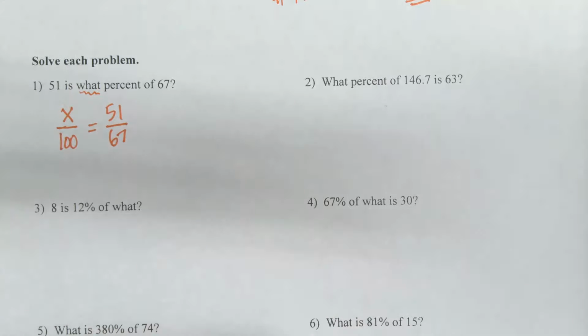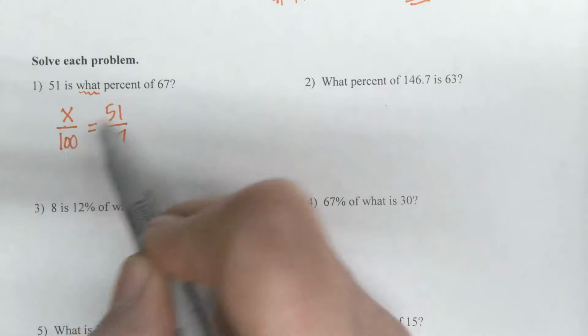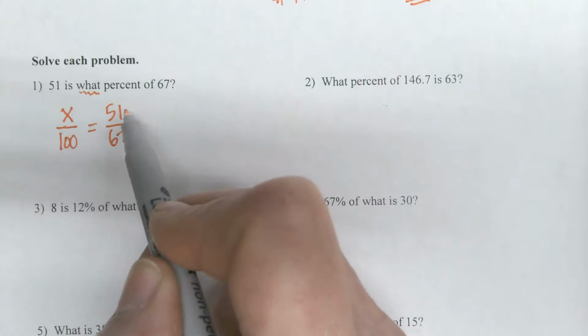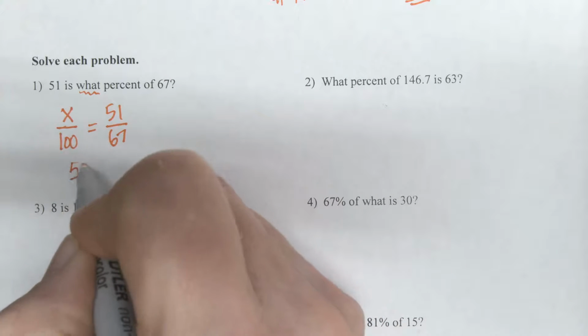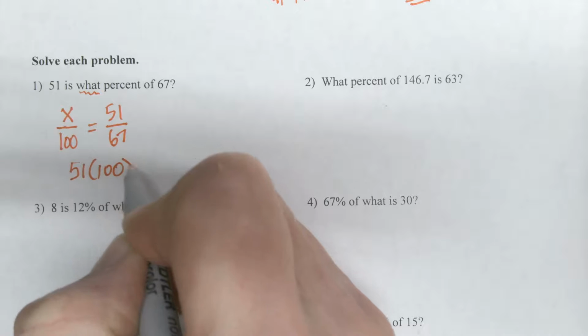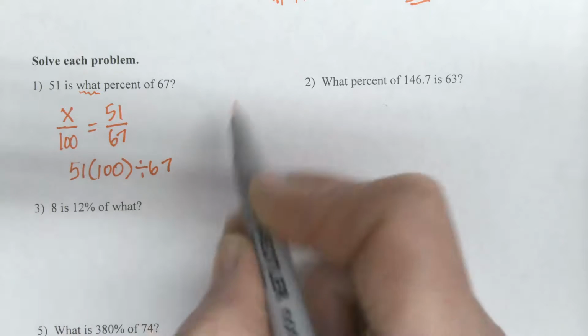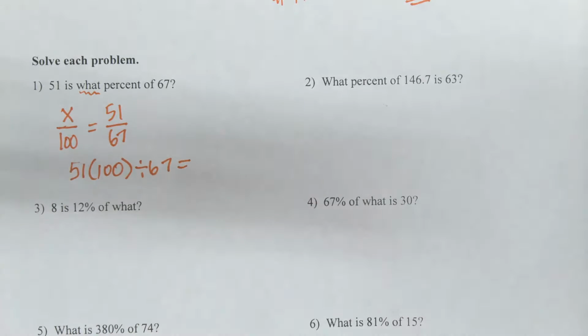Remember when we had the multiple variables in there, we had to maybe solve a more complicated equation. But for these, I can just do the two diagonals, 51 times 100, divided by 67, and that'll get my answer. So I just plug that into my calculator and get my final answer.